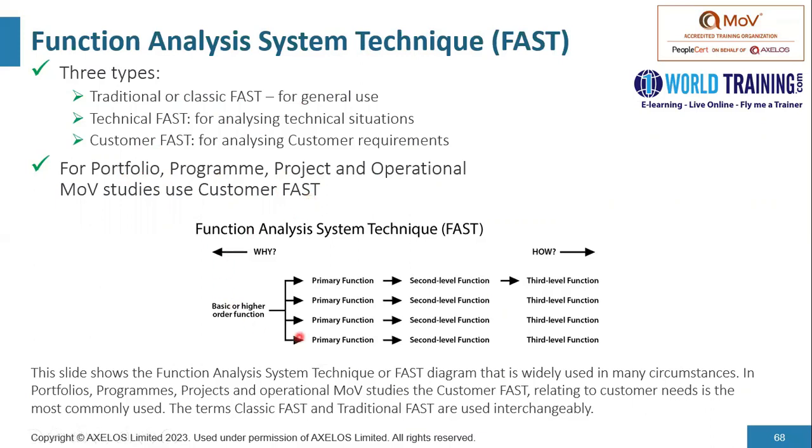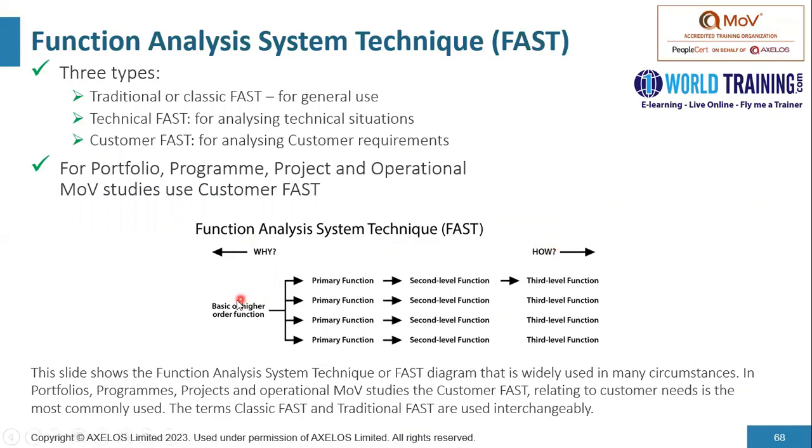So here is a diagrammatic representation of how a function analysis system would look. Basically we could approach this particular diagram using the why and the how approaches. We're going to study them shortly.